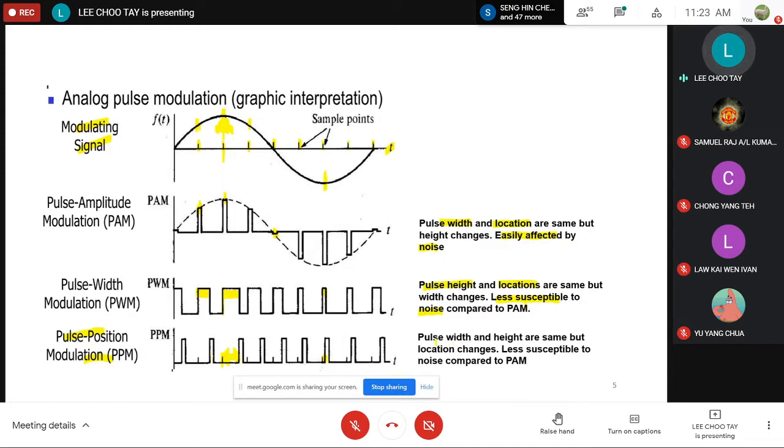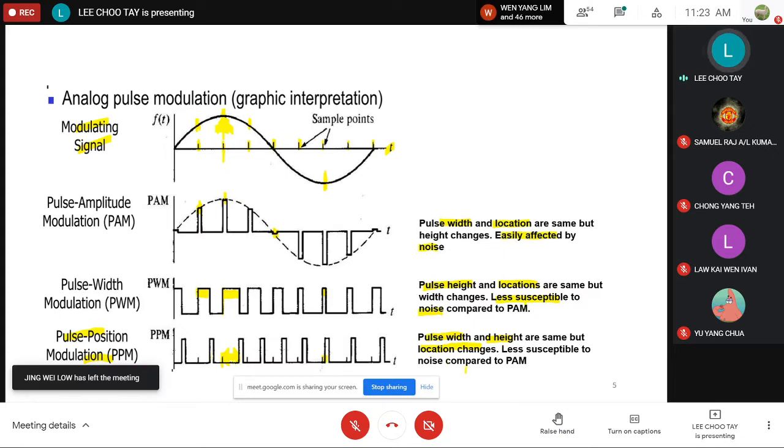So again, how much the pulse is delayed is proportional to the amplitude of the modulating signal. So in PPM, pulse width and height are the same throughout for all the pulses, but the location changes according to the amplitude of the modulating signal.